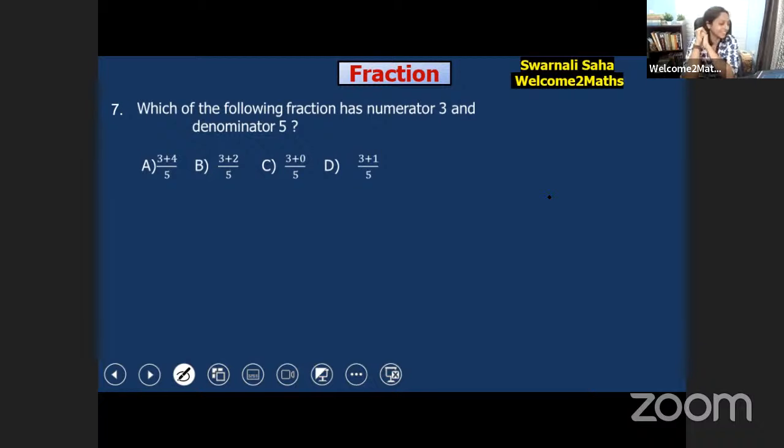Yes, so easy. So now solve this question. Question number 7. Which of the following fractions has numerator 3 and denominator 5?